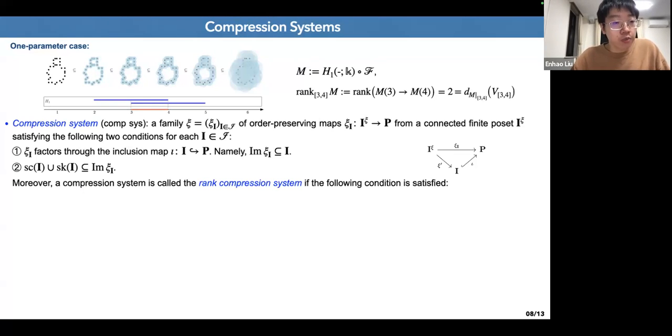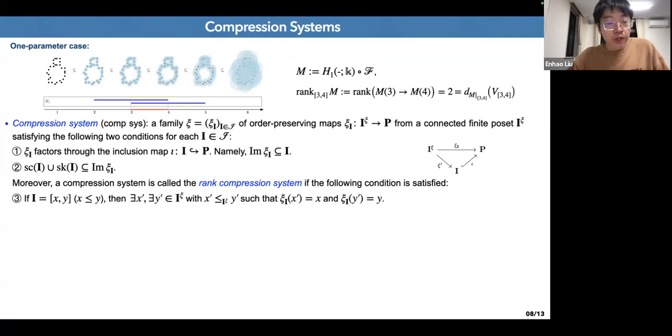And moreover, such a compression system is called the rank compression system if the following one more condition is satisfied. So if for every segment I, xy, you can always find a unique morphism in xc from x prime to y prime, x prime smaller than y prime, such that Ci sends x prime to x and y prime to y.